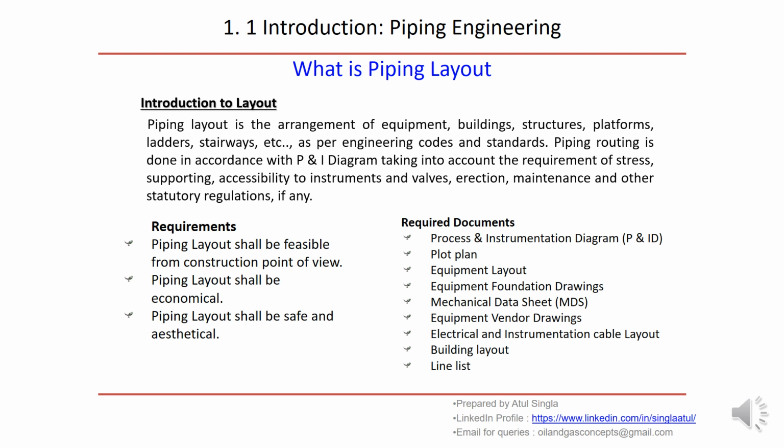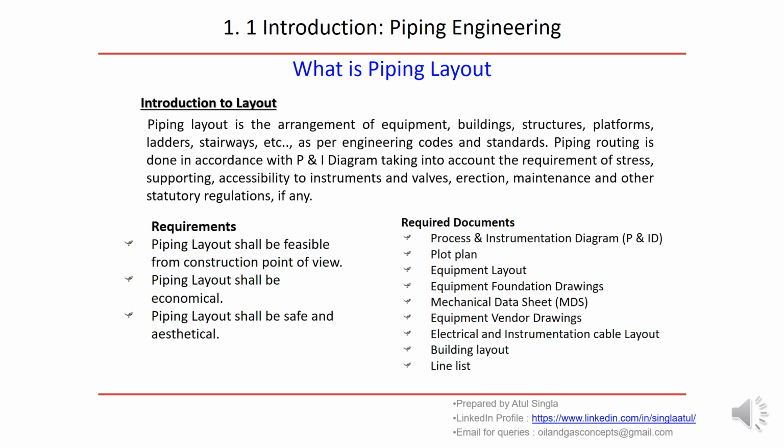So what are we expecting from piping layout people? The piping layout should be feasible from a construction point of view. Whatever we do, we should take into consideration the construction constraints. They should not face any kind of problem during erection, maintenance, and operation. So this is the main priority. Piping layout shall be economical.